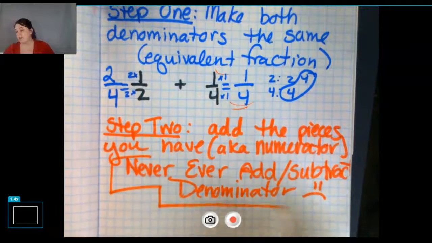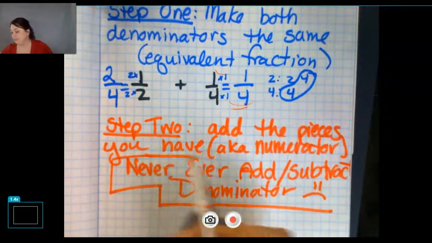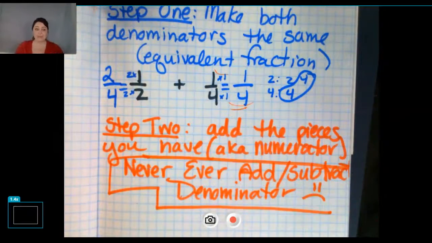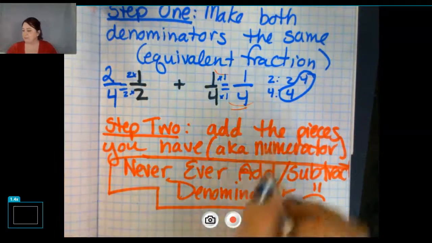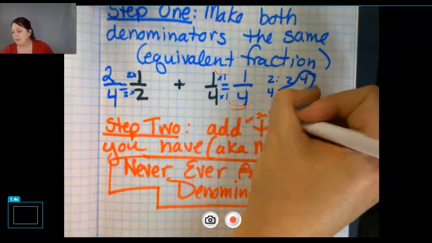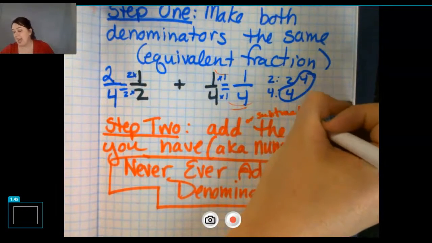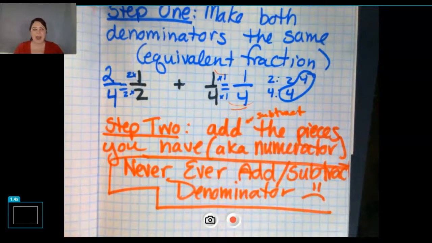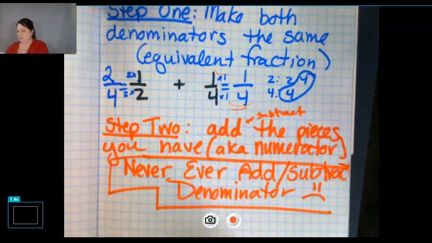Never, ever, ever, ever subtract or add the denominators. You just add or subtract the numerators because that's what you have. The denominators is just kind of telling you how it was cut apart. So now I have 2/4 plus 1/4.